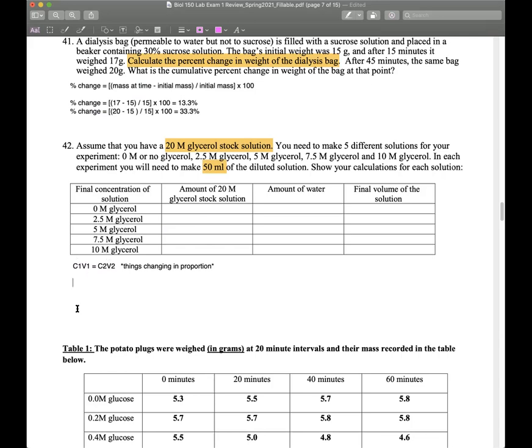So our C1, our starting concentration, is this 20 molar. V1 is the volume, the amount of 20 molar that we want. This is our unknown. This is what we're solving for.